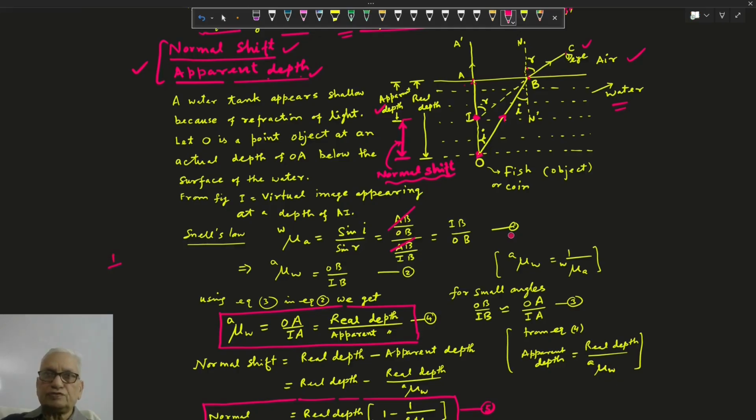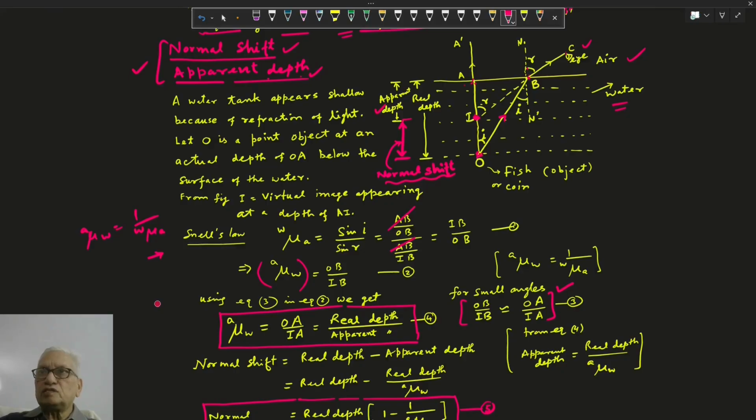Because we know इसका formula क्या था, 1 upon mu W A. We know this is the reciprocal, mu W A और mu A W. Reverse होने से ऐसे लिख दिया. So refractive index of water with respect to air is OB upon IB. Here OB upon IB is OA upon IA if the angles are very small.